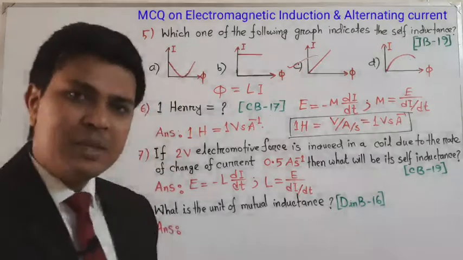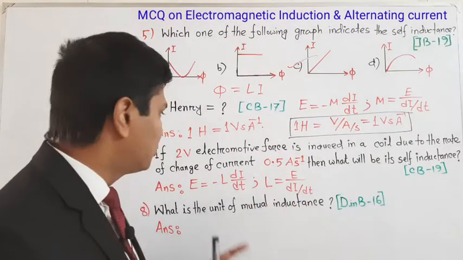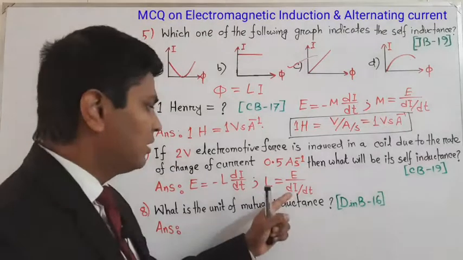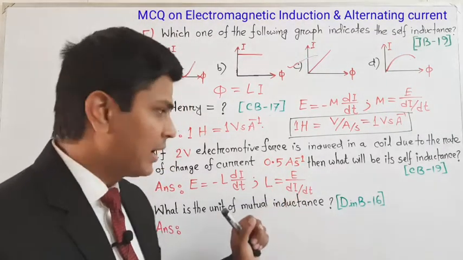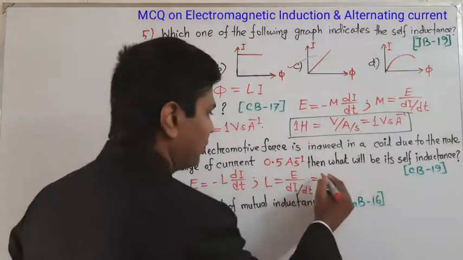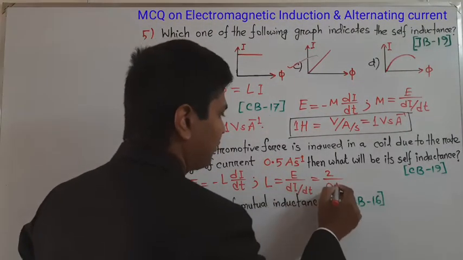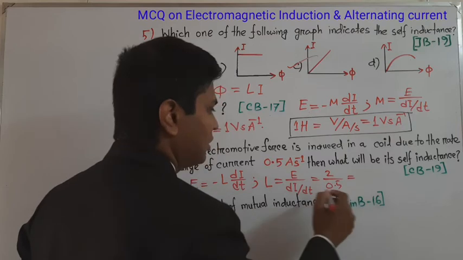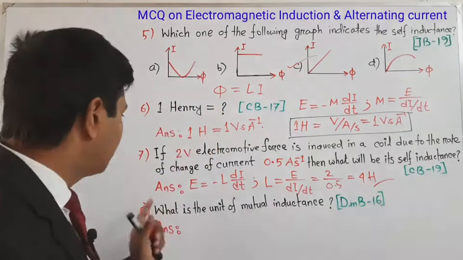Here the value of E, electromotive force, is given 2 volt, and di by dt is the rate of change of current, which is given here 0.5. Now if we put the value of E, which is 2, and di by dt, which is 0.5, after calculation you will get 4 Henry. This is the answer of question number 7.